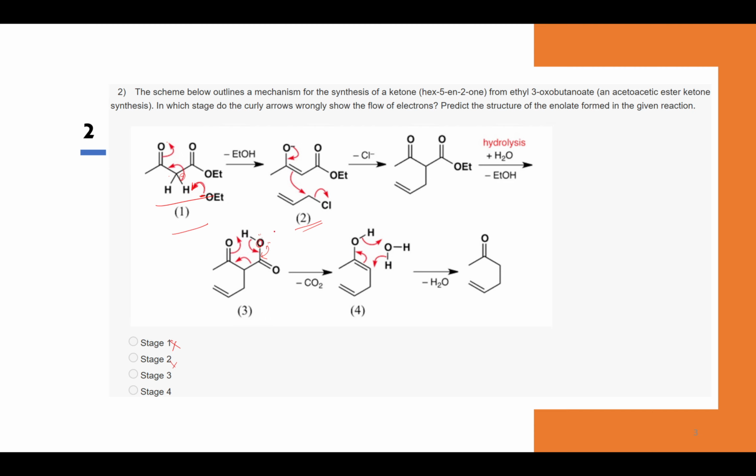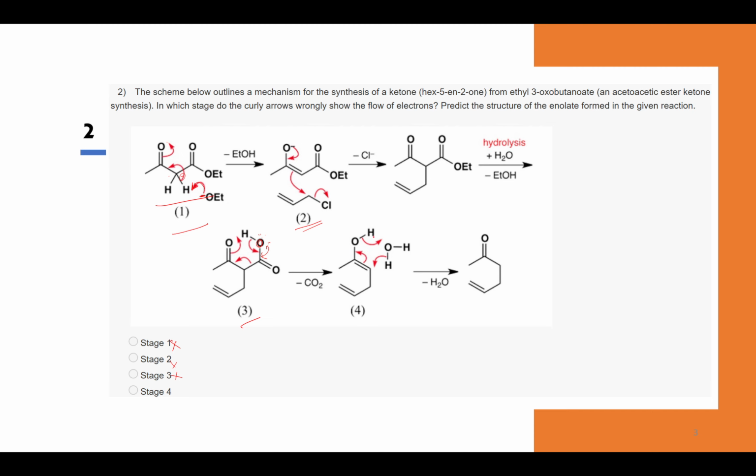The flow of electrons is always from high to low, right? Because it is electron rich, the arrow will start this way only, and then this bond will break here, and it will take H to give the product. So this is also the correct way to show the mechanism. This is a hydrogen transfer reaction, and stage 3 is also a correct one.